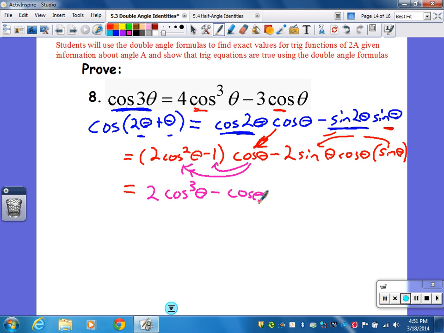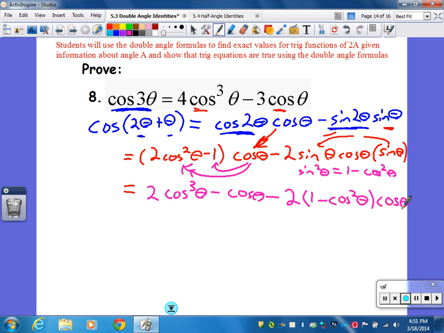And then since, like I said, sine squared theta is equal to 1 minus cosine squared theta, I'm going to write that as minus 2 times 1 minus cosine squared theta, and then my cosine theta.